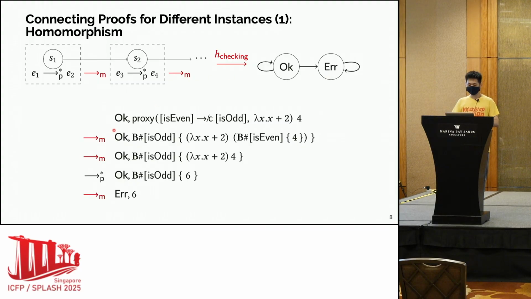Now, let me identify the reduction steps that involve the B construct for assertions and the proxy construct for checking higher-order contracts. And we know that only when there is an assertion being checked, only at that point the state could be changed. Therefore, we collect all non-B construct steps into a state.